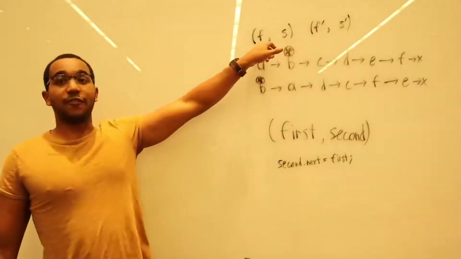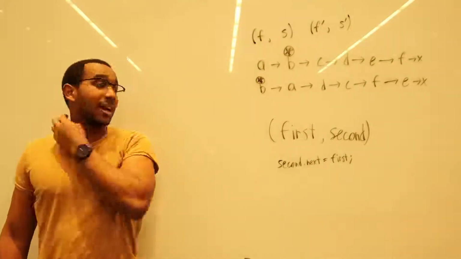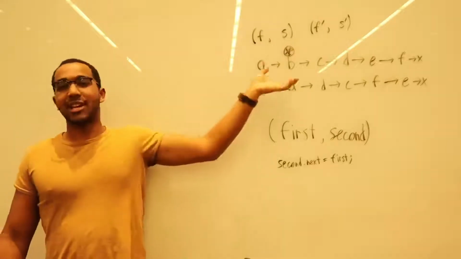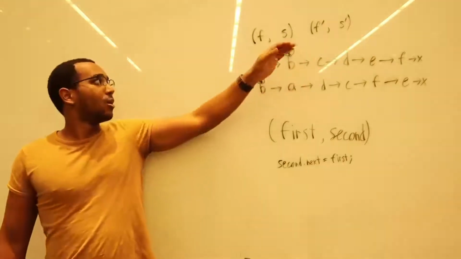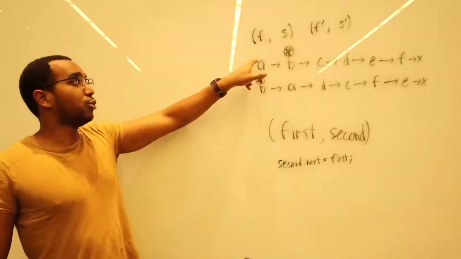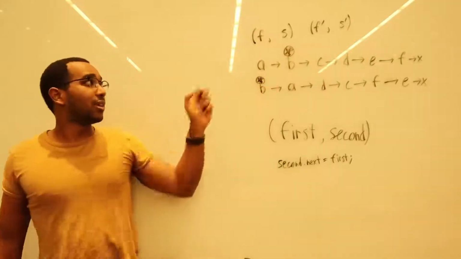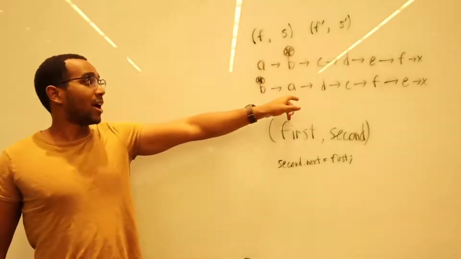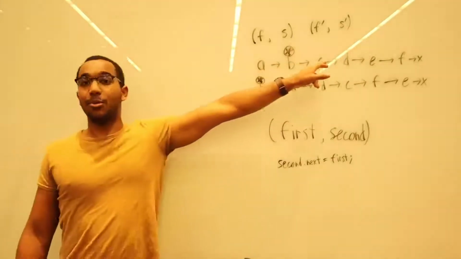So there's the first node and the second node in the first pair, and then we have F prime and S prime, or we can just say the second segment, the next pair. Well, the first node in the first pair is going to loop over and point to the second node in the second pair, S prime. So A is going to point to D.